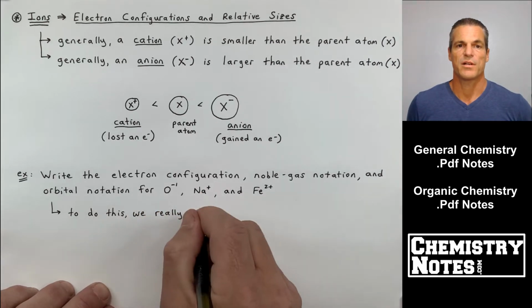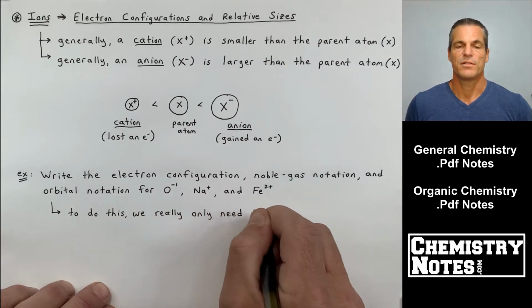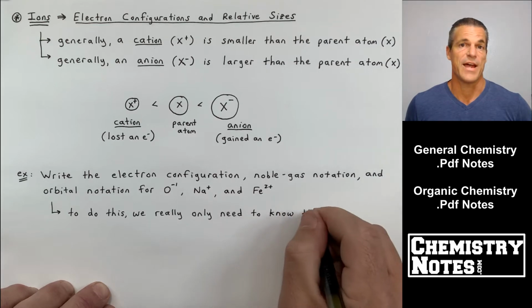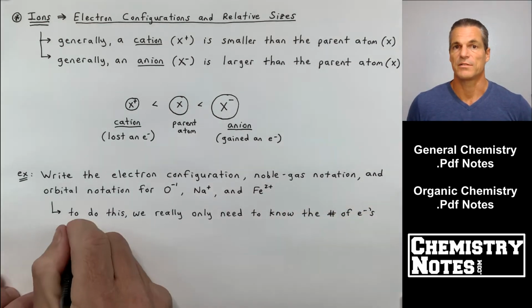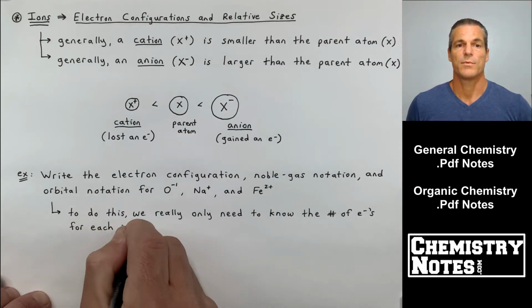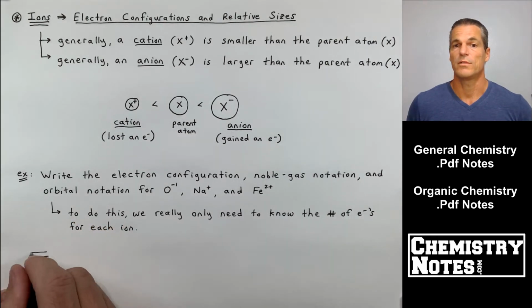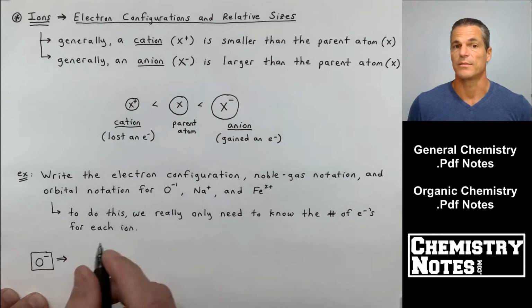Drawing electron configurations for ions is no different than for atoms, which we've already discussed. We really only need to know the number of electrons for each ion.